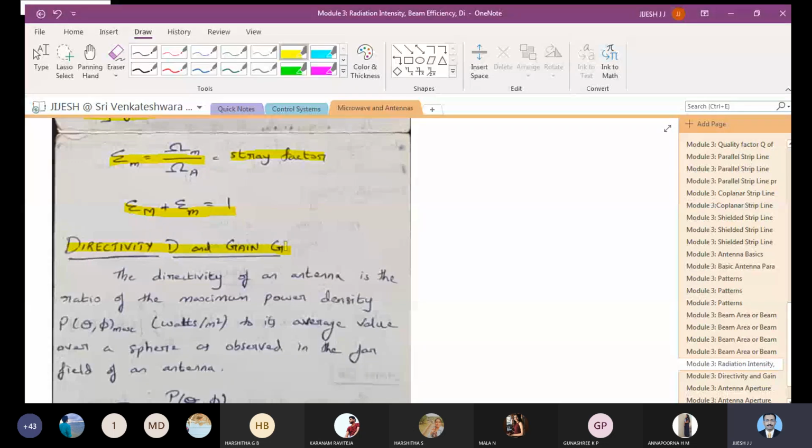The directivity of an antenna is the ratio of the maximum power density, P theta phi max, to the average value over the sphere as observed in the far field of the antenna.